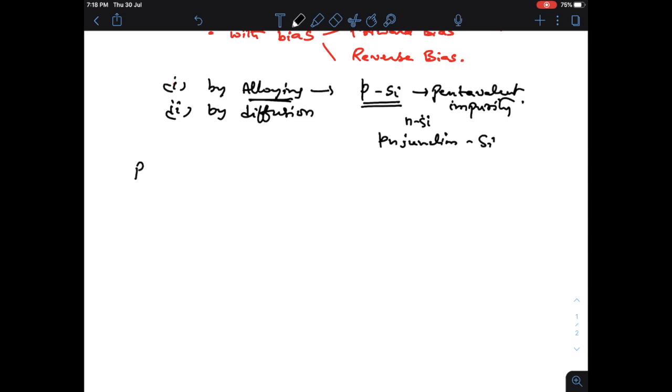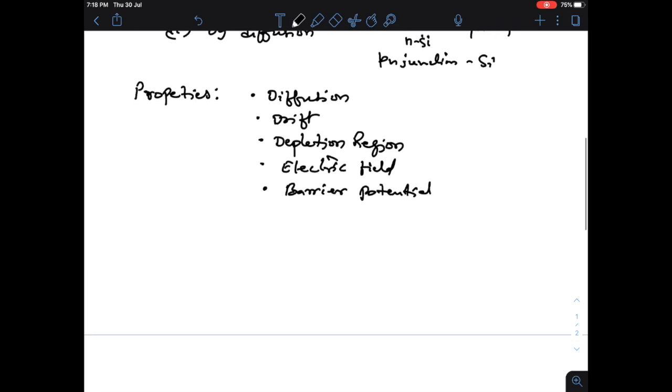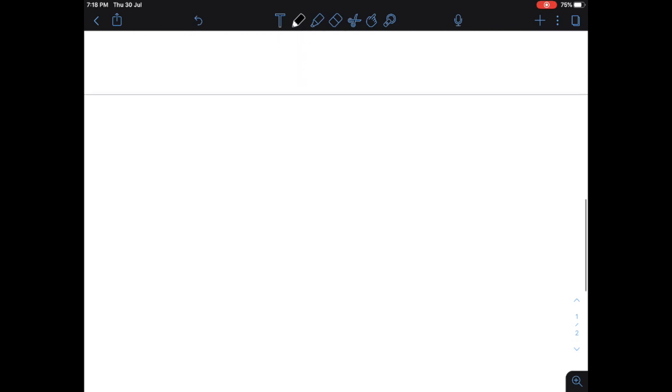The points or the properties that I am going to discuss for this junction are like this: diffusion, drift, depletion region, electric field, barrier potential. So these are the points that we will now discuss in understanding a p-n junction.